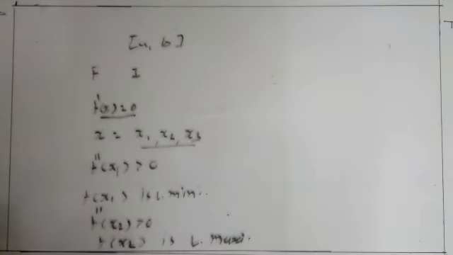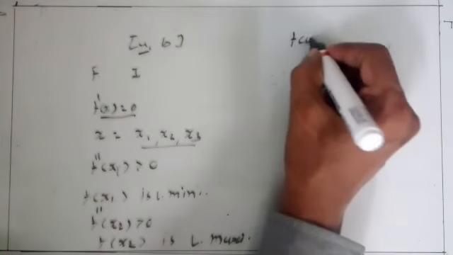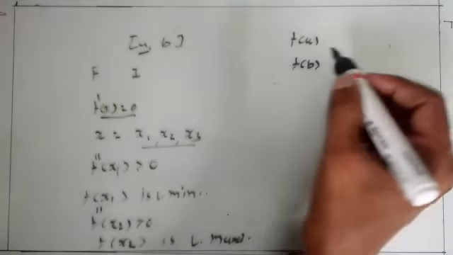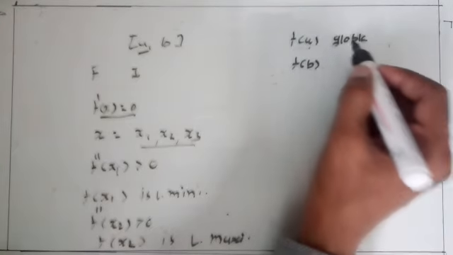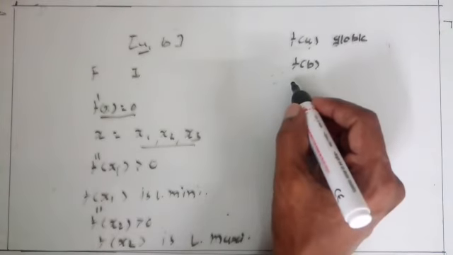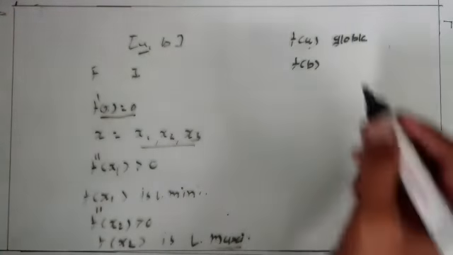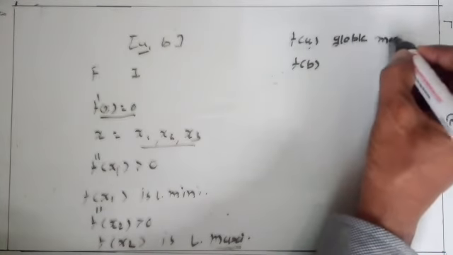Similarly, we get the value of second derivative at x3, and this may be local minimum or local maximum. Then find the value of the function at a and at b, and compare all values. If f(a) is greater than all maximum values, then f(a) is called global maximum.